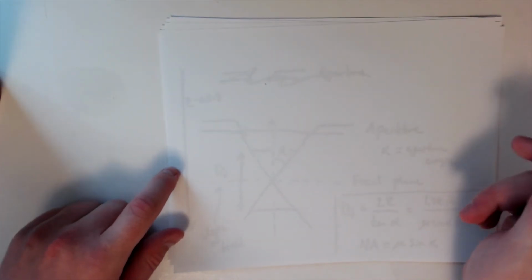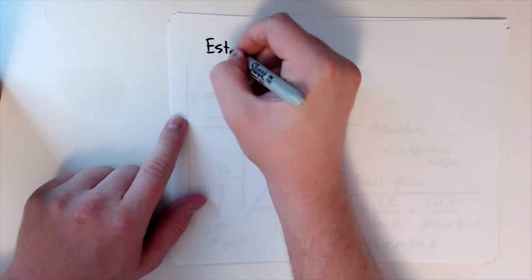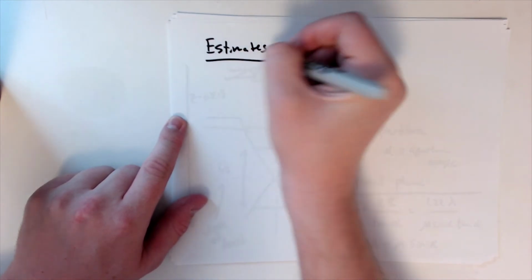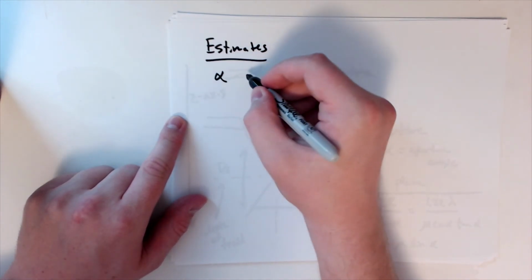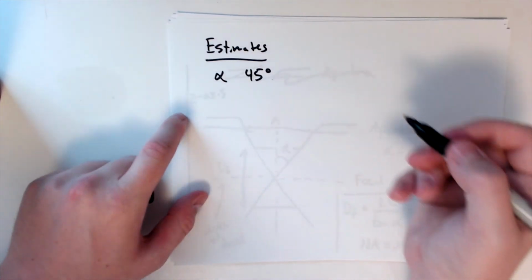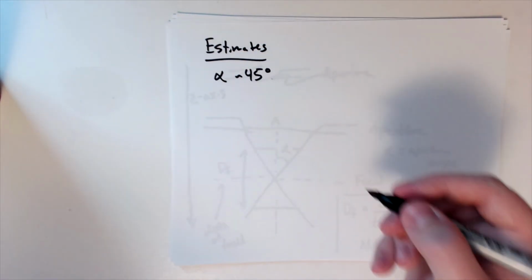All right, just a couple other points I want to make before we wrap up here with this module is just some estimates or quick references. So typically alpha is approximately 45 degrees.